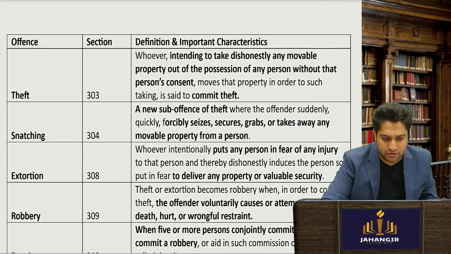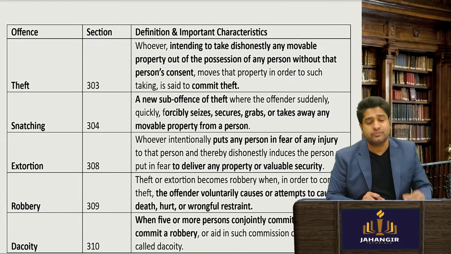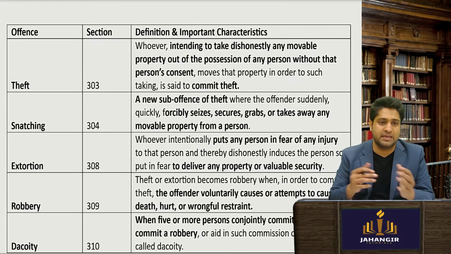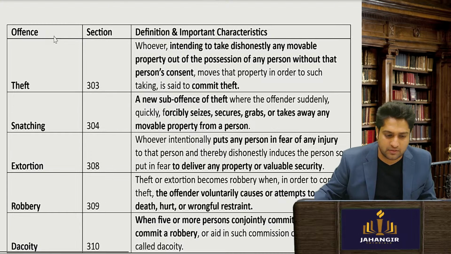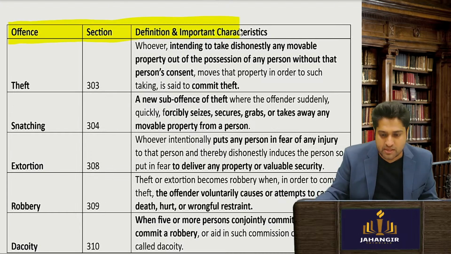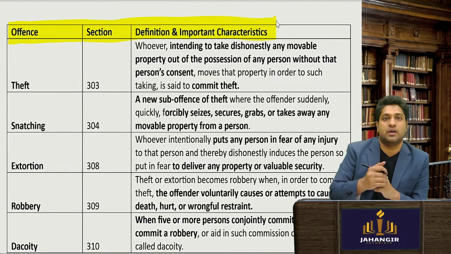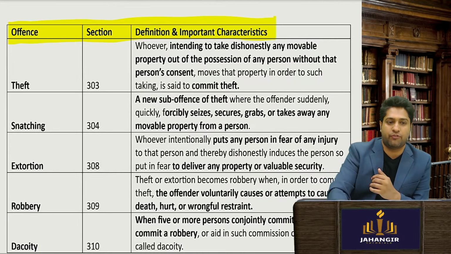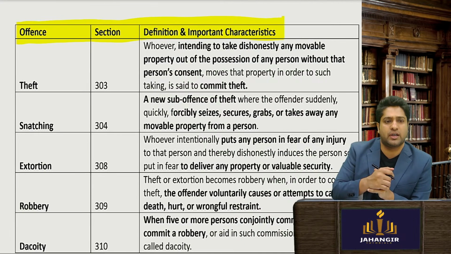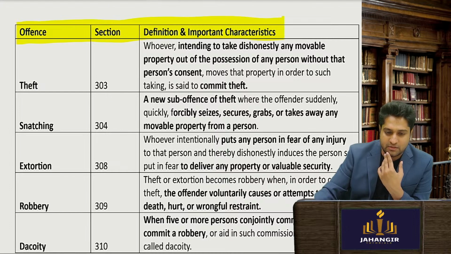Now, after this in the BNS, we will be seeing the various kinds of penalties and offenses given. Very, very important. First, we will be seeing under the BNS what is theft.